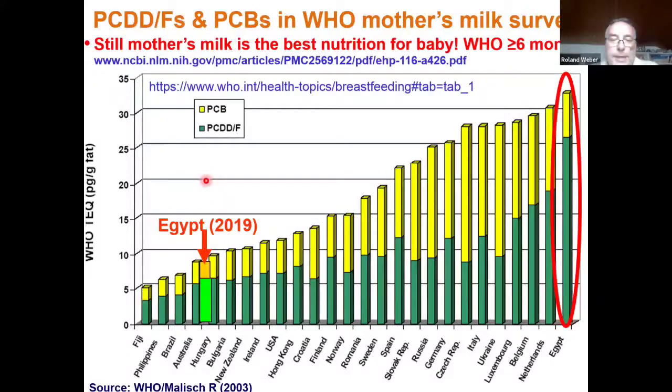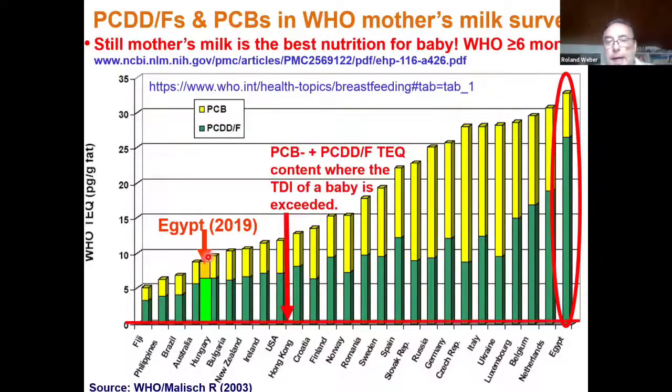But one good message: when Egypt did a second study in 2019, they had a considerable decrease of dioxins and PCBs in human milk, below 10 picogram. So when you compare the dioxin concentration in human milk with the tolerable daily intake, you see that still today, the human milk is 10 to 100 times above the tolerable daily intake, which you calculate.